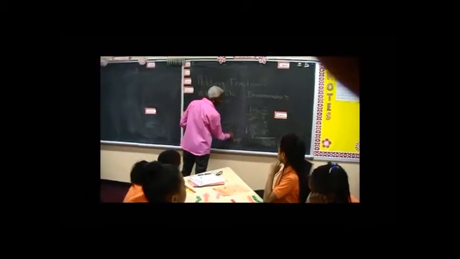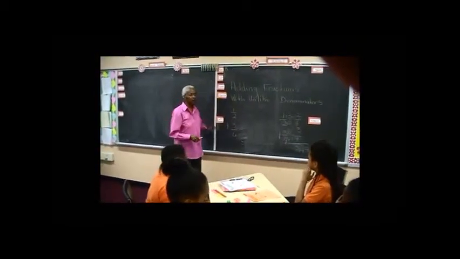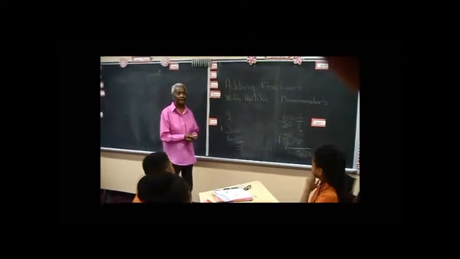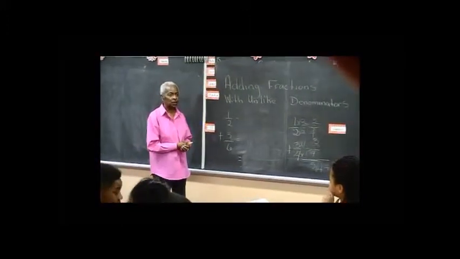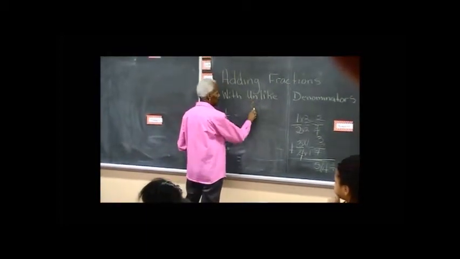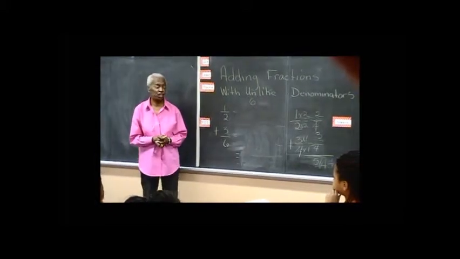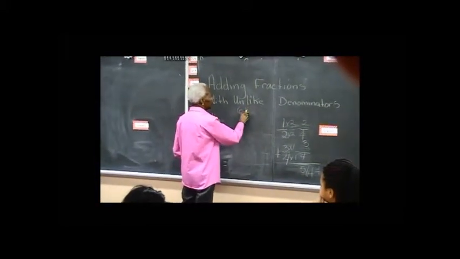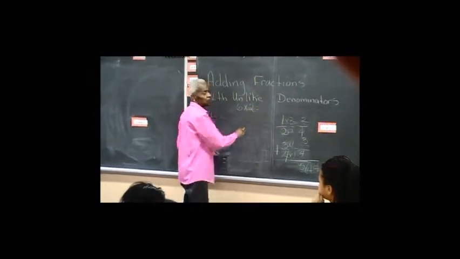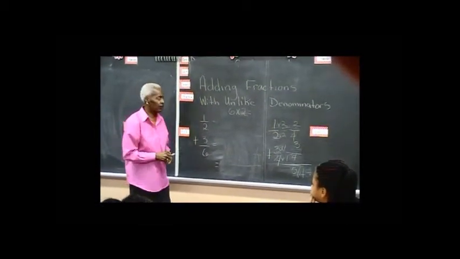The denominator. In this example, what's the denominator? 6. What's the other one? 2. So, 6 times 2 equals what? 12, very good.